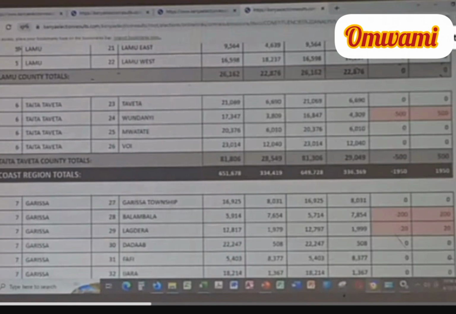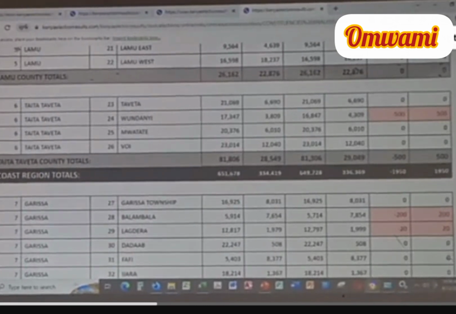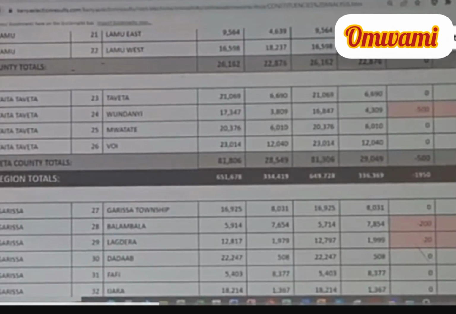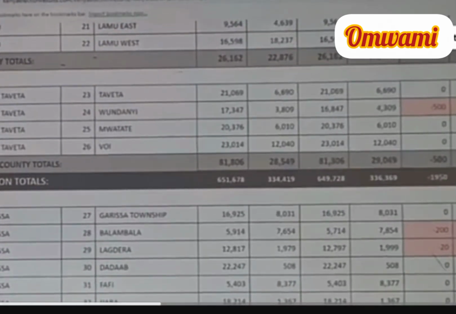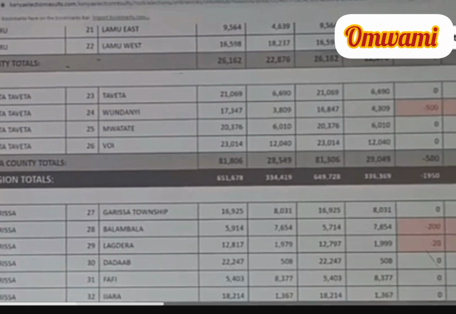That is the official result from the IEBC portal. But when we look at the other results that the ED gave me, it resulted that Jacom was to have 651 and Ruto to have 334, meaning he lost 1,950 votes and Ruto gained 1,950 votes in Coast region in total.